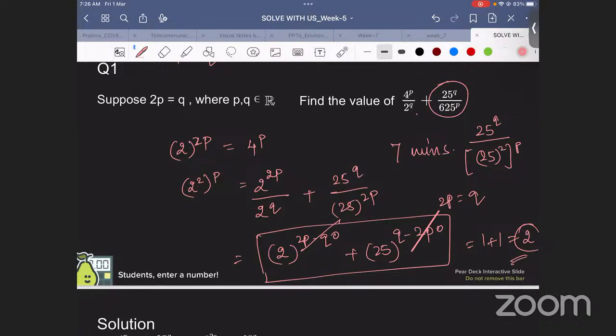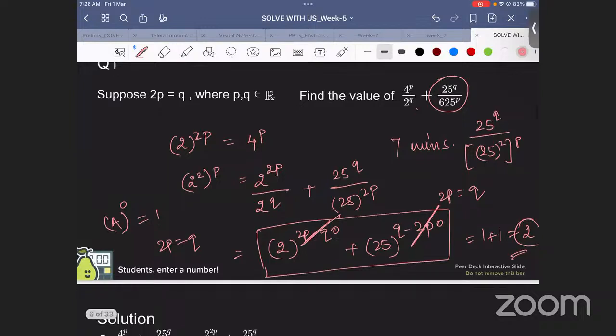Can you please explain the last step? Okay. So the last step is, for example, a is a constant number to the power 0. What do you get? Anything to the power 0 is 1, right? Here also you already know that 2p is equals to q, that means 2p minus q equals 0.